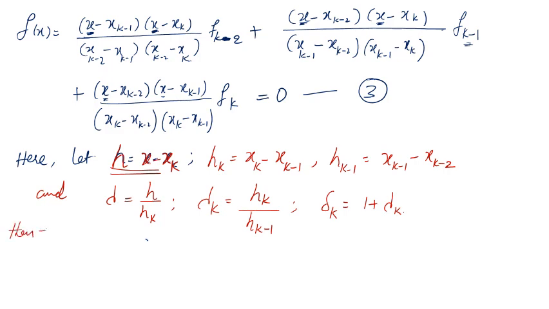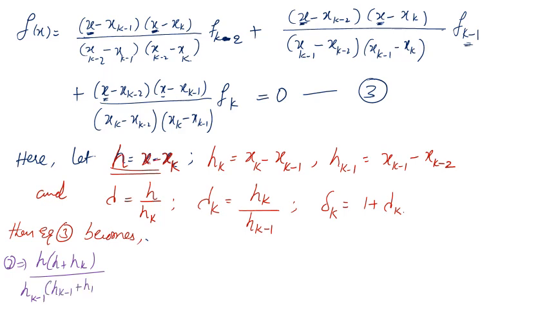Then equation 3 becomes h times (h + h_k)/(h_{k-1}(h_{k-1} + h_k)) multiplied by f_{k-2}, plus, the first term reduces to this part.